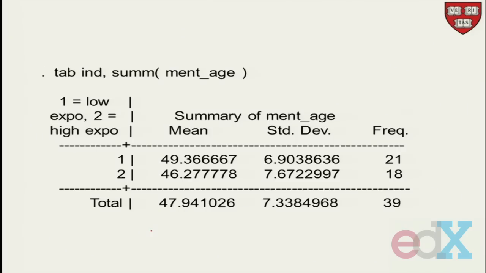So before today, before learning about this stuff, what would you do? You might do a t-test. All right, so you might summarize, here are the means for the low exposure group and the high exposure group. There were 21 in the low exposure group, 18 in the high exposure group. The means are 49.3 and 46.2, and here are the standard deviations.